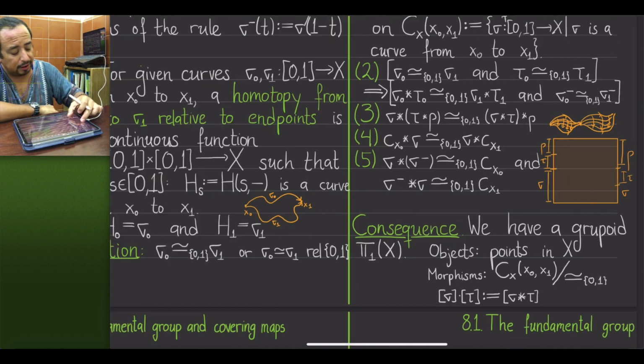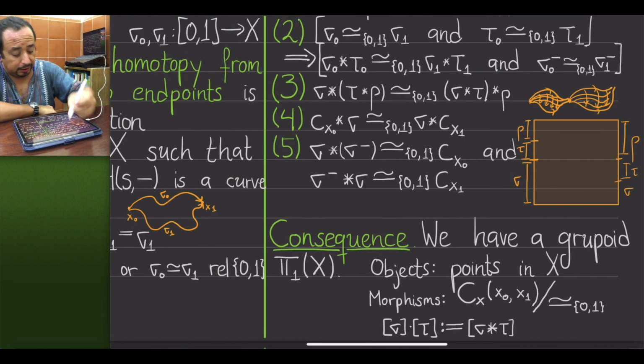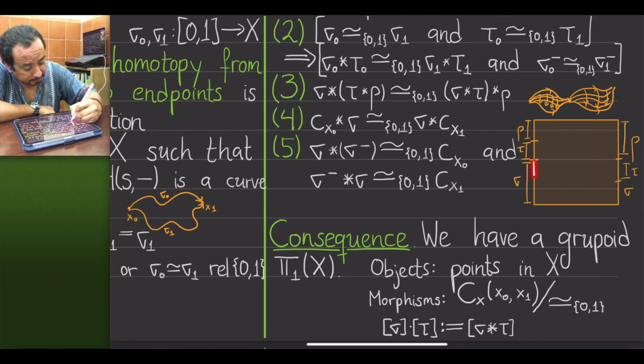And when I say here is, what I'm really saying is that for this interval of length 1/2, I use the corresponding rules of sigma, for this quarter interval I use the corresponding rules for tau, and here the corresponding rules for rho, and similarly here.